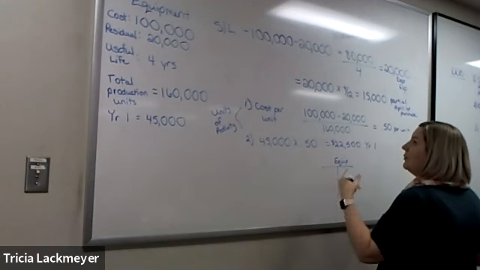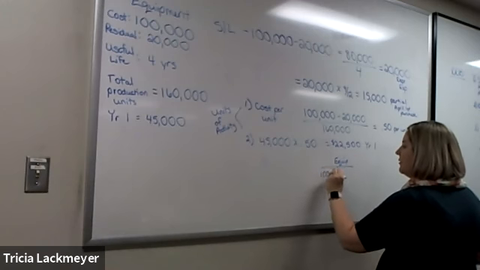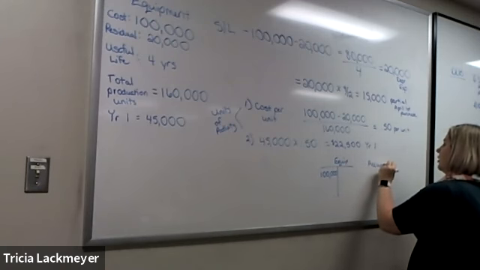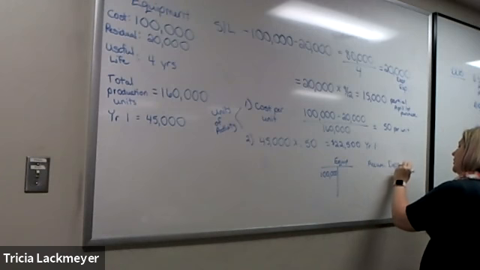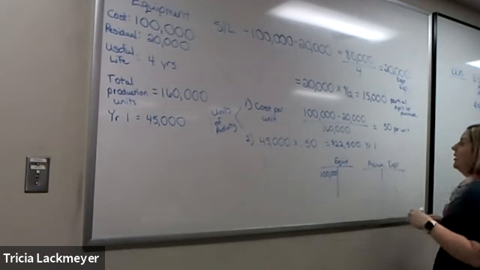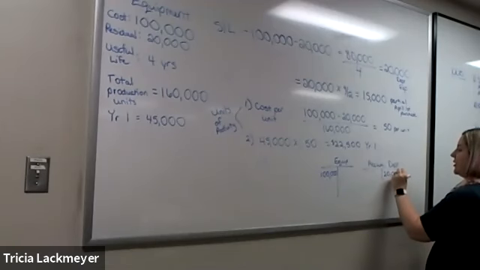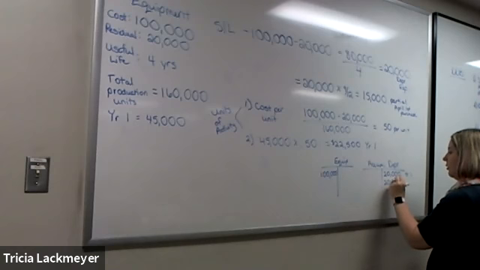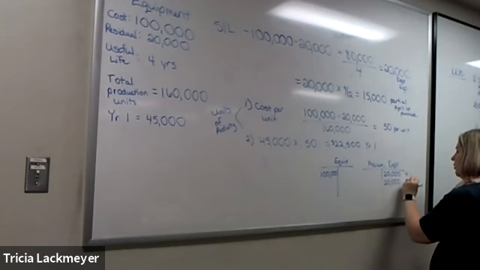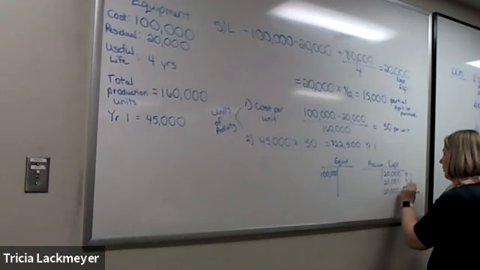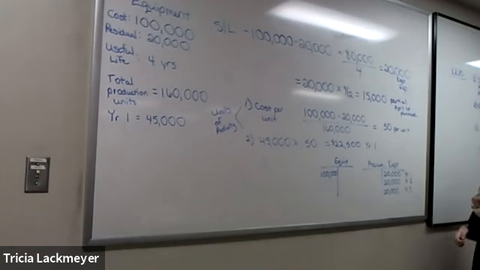So if we did that, just to show you really quickly here, we purchased the equipment for $100,000. The accumulated depreciation for 3 years, we credited accumulated depreciation, $20,000 each year.